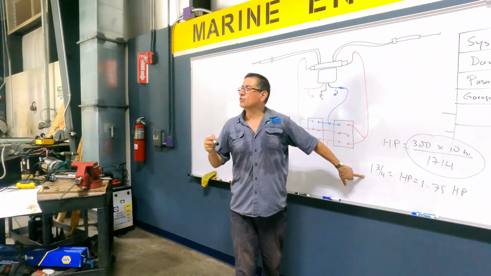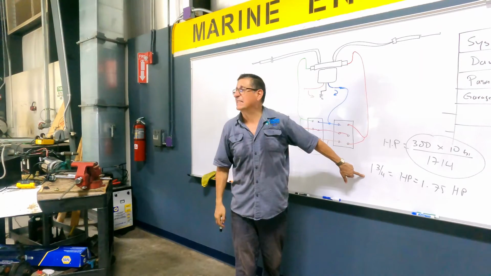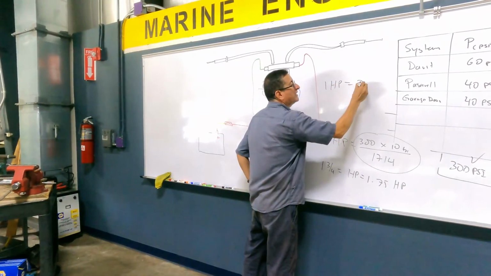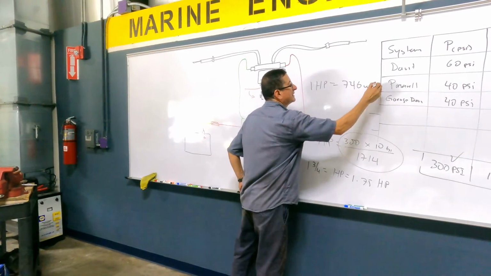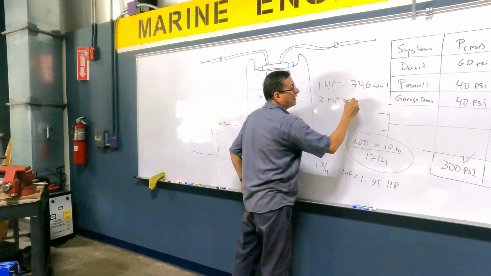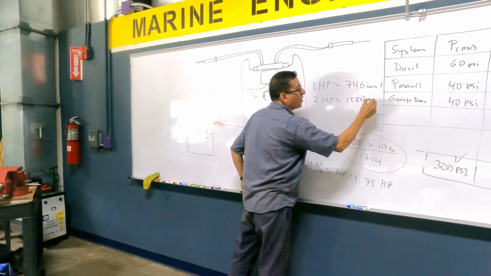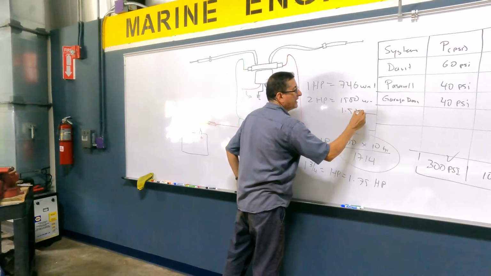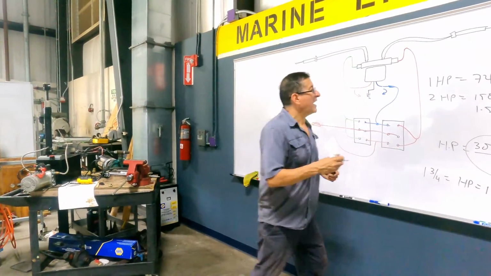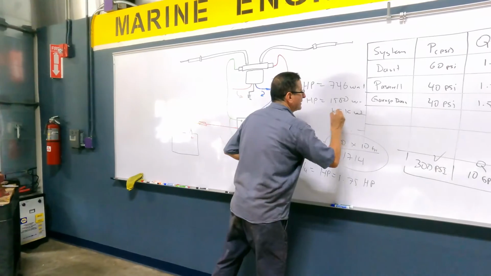Let me know how much 2 horsepower is in watts. 1 horsepower is equivalent to 746 watts, so 2 horsepower is 1500 watts, or 1.5 kilowatts. Yes or no? Okay, 1.5 kilowatts.